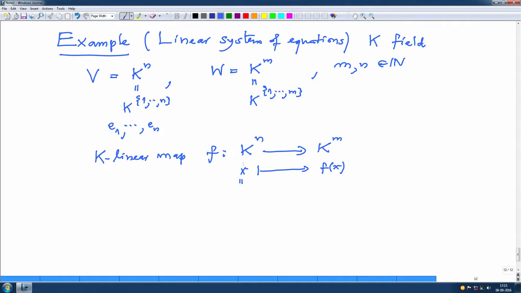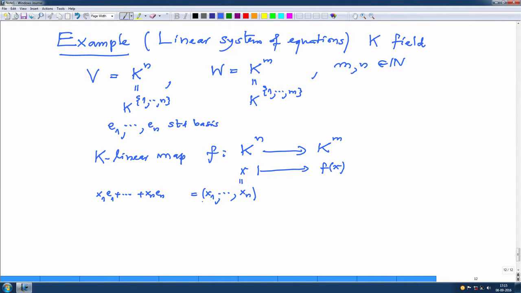Remember, if x is a tuple x1 to xn, these components are precisely the coordinates of this vector x with respect to the standard basis. So this is also written as x1 e1 plus ... plus xn en. These coordinates are uniquely determined by this basis, that is what we have been noting earlier.